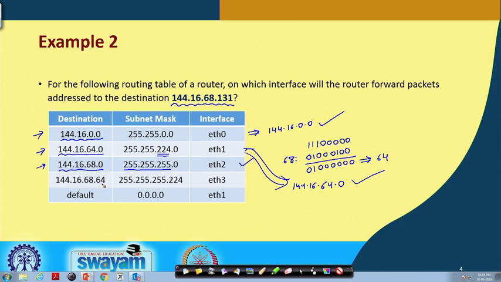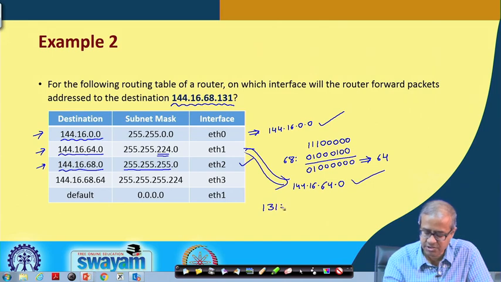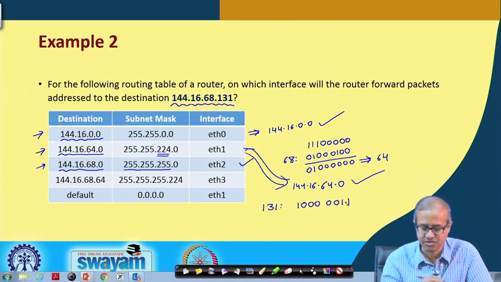The fourth one you can check, here of course, there will be no match, because the first 3, 255, 255, 255, 144, 16, 60, this will remain, and this 224 will get ANDed with 131. Now, 131 is what? 131 is 128 plus 3, this is 131.